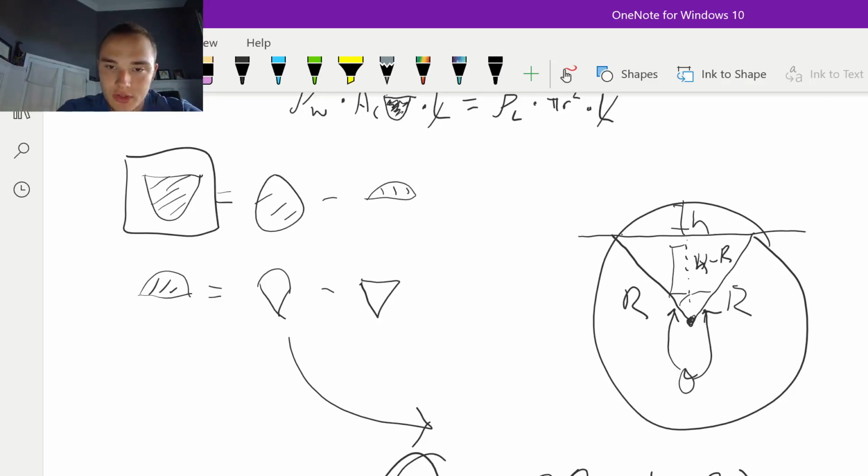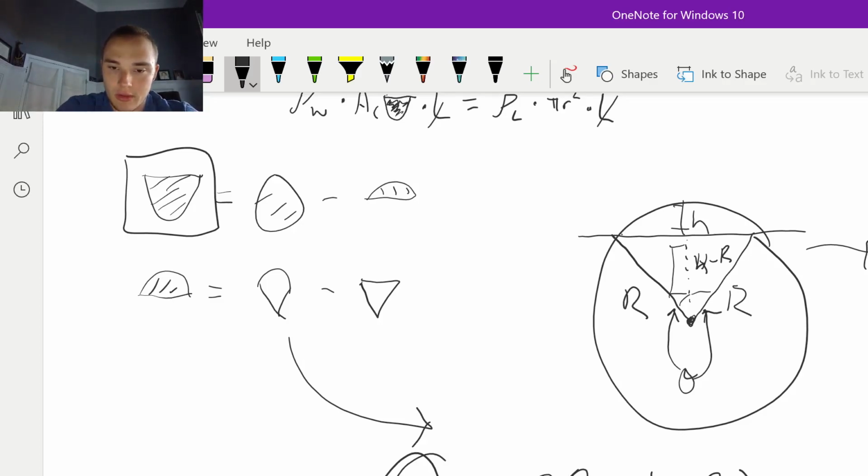If you can see from the picture, the height is h minus r, we have a radius over here, r, and our theta is right here. So we can use the inverse cos, adjacent over hypotenuse, to determine what theta is in terms of h and r.